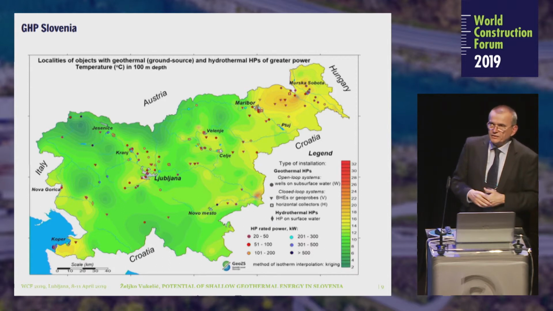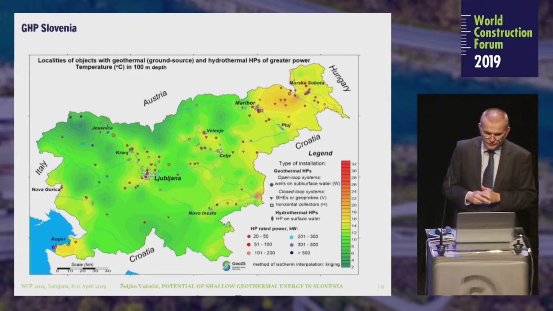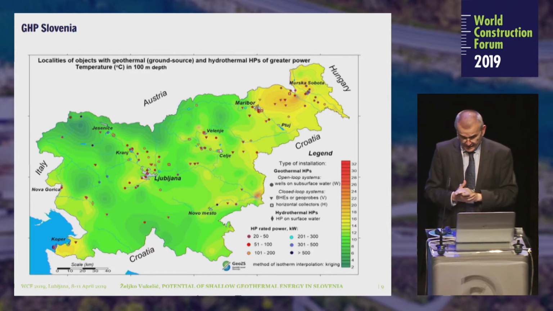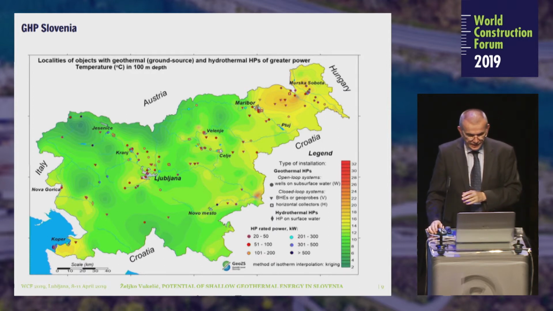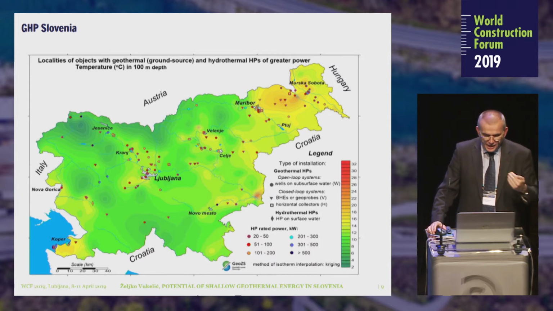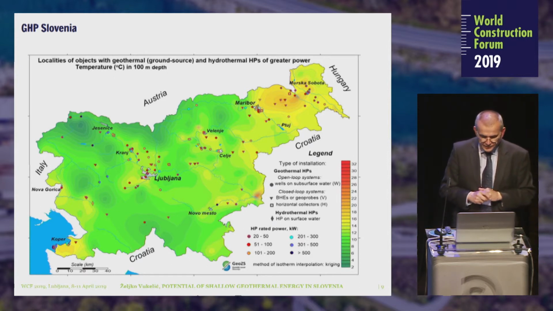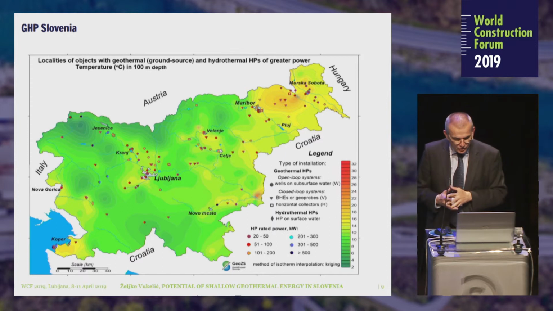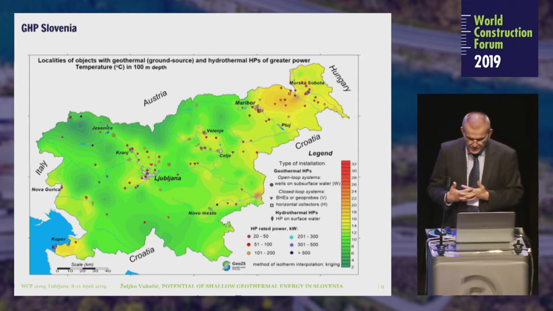If you have any dilemma about what kind of energy to use with heat pumps, you can find such a map, and this is Slovenia, showing where and how many heat pumps we have installed in Slovenia, and what kind of system we use.